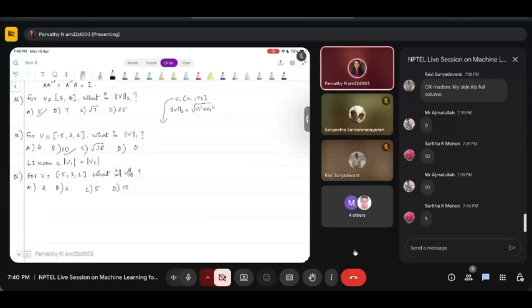The infinity norm is the maximum of the absolute values. So it is the maximum of absolute value of -5, absolute value of 3, absolute value of 2. So this is 5, 3. So that answer is 5.